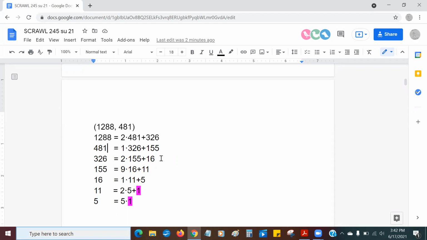Now 326 is, so now I take the 155 and the 16. That becomes my next line. 155 is 9 times 16 plus 11, and 16 is equal to 1 times 11 plus 5, and 11 is equal to 2 times 5 plus 1, and 5 is equal to 5 times 1, with a 0 remainder.